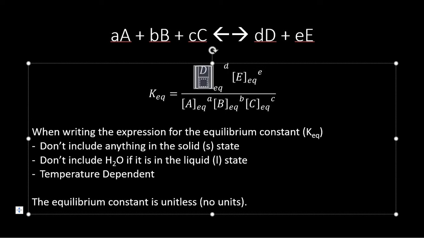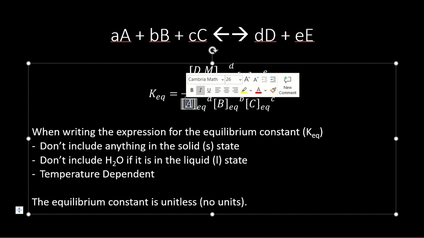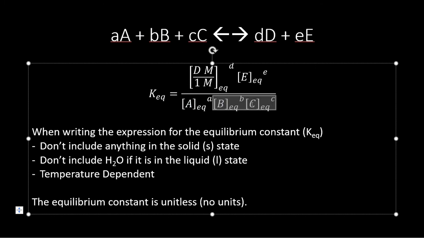But essentially what we're doing is we're taking the concentration of D in molars and dividing it by 1 molar. And the same thing for E. We're taking the concentration of E in molars and dividing it by 1 molar. And then we're doing that in the brackets of each reactant as well.